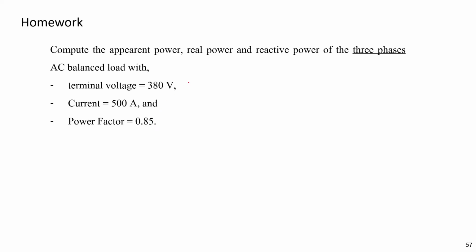If we know absolute S, absolute V, absolute I, and the power factor, which is P by absolute S, then if we know the power factor and we know S, we can calculate P as well. And then we can calculate Q. So it's time to do this homework.